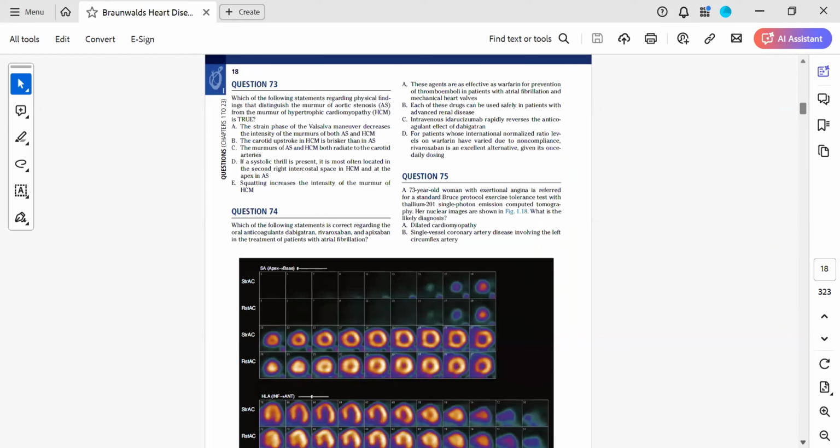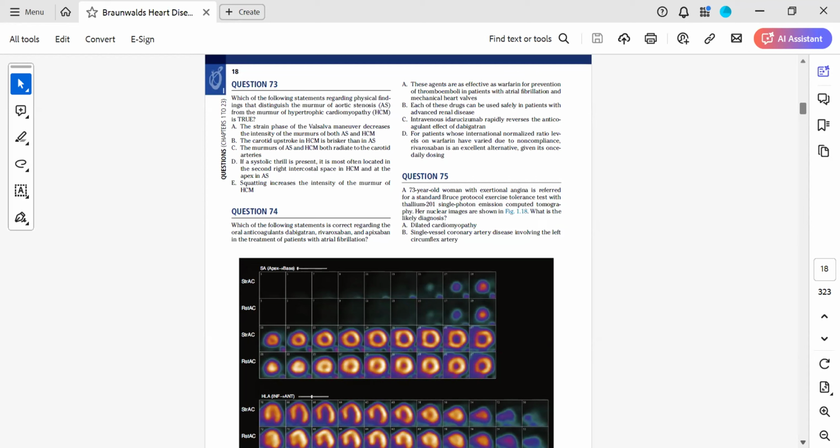Dynamic bedside maneuvers are helpful to distinguish AS from HCM. Physiologic maneuvers that enhance contractility increase the intensity of both murmurs.